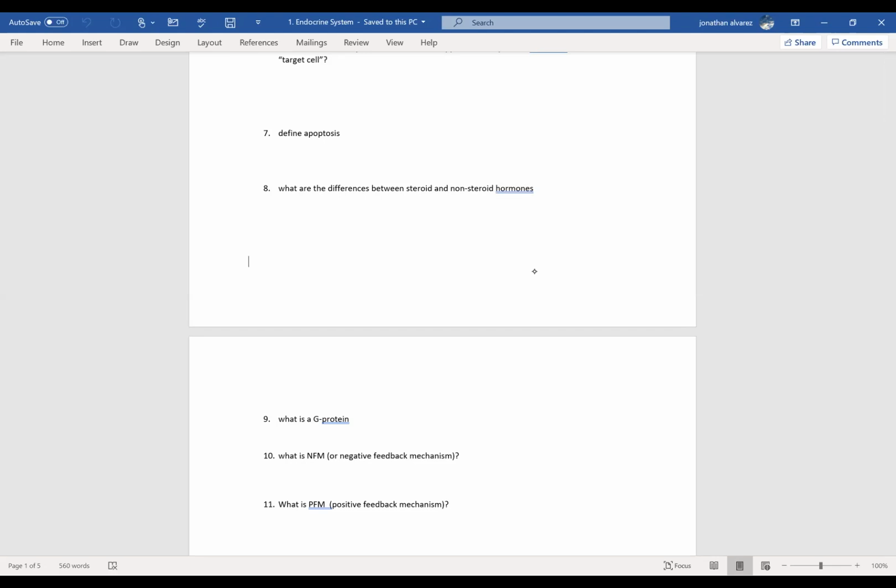So you have a cell and there's a receptor, and the hormone has to bind. That would be the non-steroid version. The steroid version is the hormone goes directly into the cell, diffusing across the cell membrane, and that's considered direct gene activation.